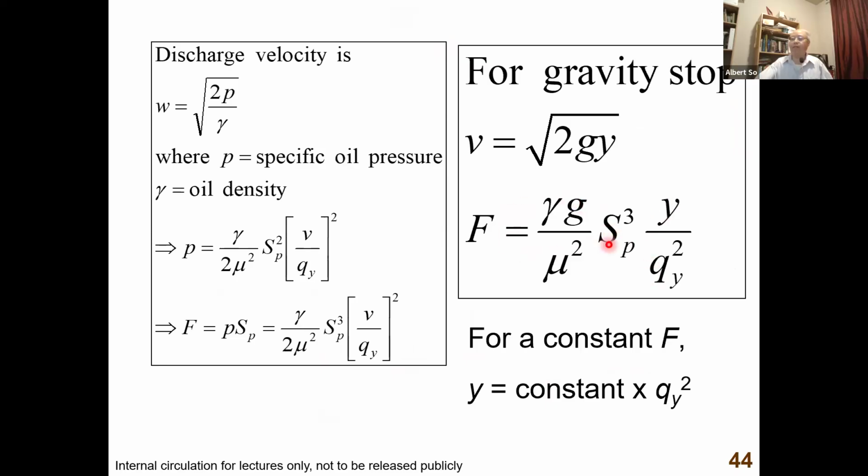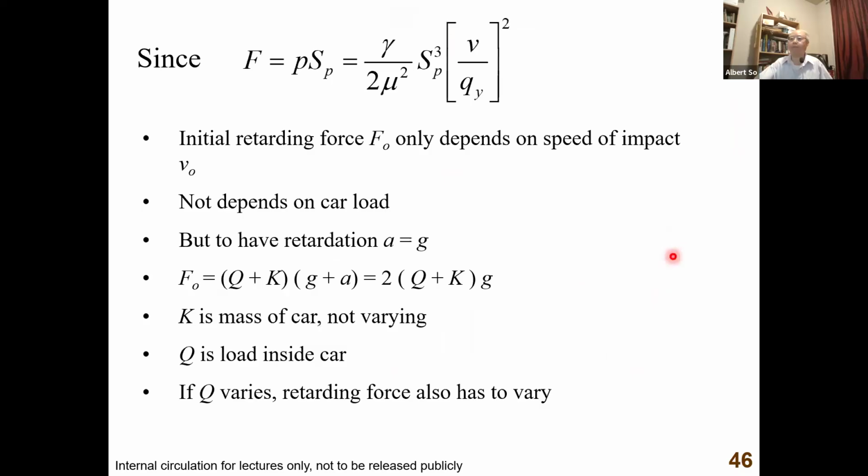All these are constant: SP, the area of the piston, is constant. Gamma, the density of oil, is constant. G is constant. Mu is a coefficient, also constant. So y over Qy squared must be constant. Now F equals P times the area of the piston.